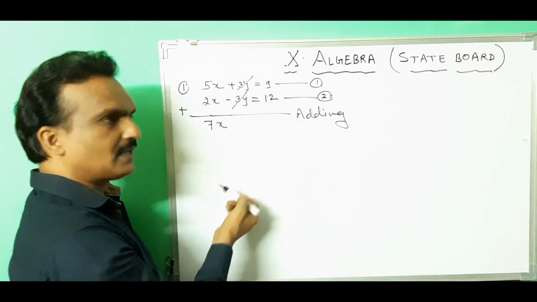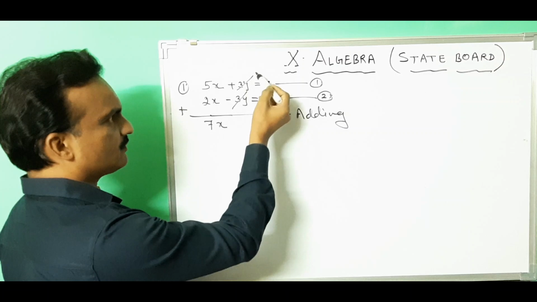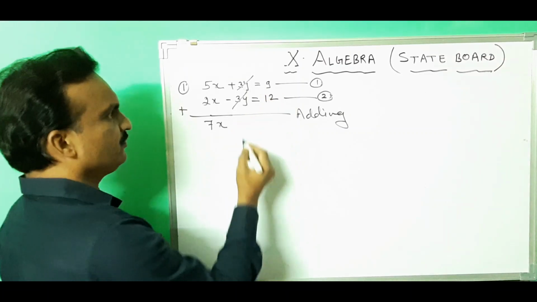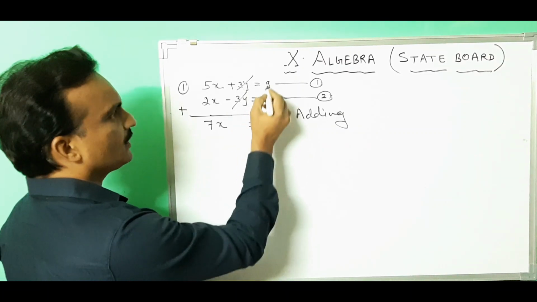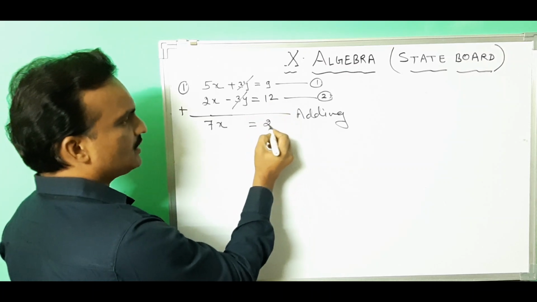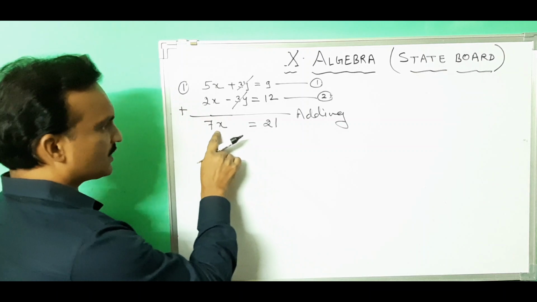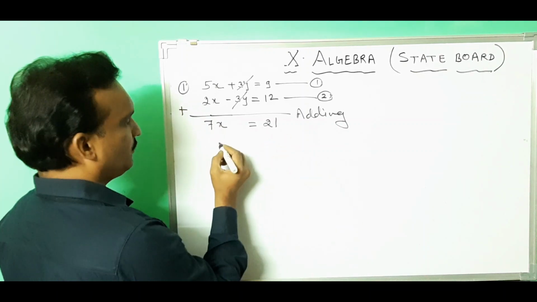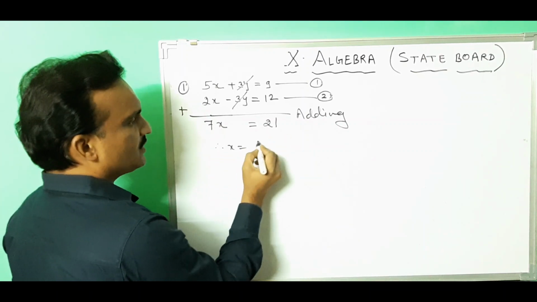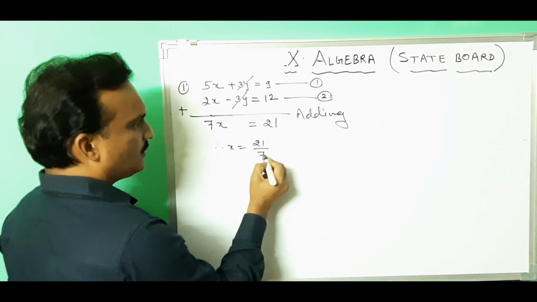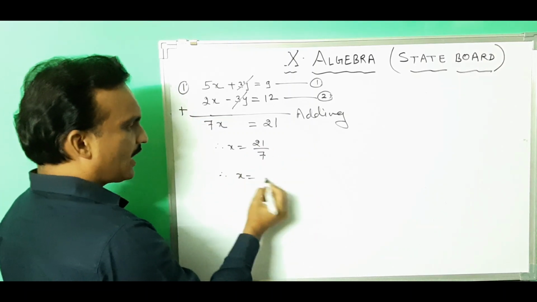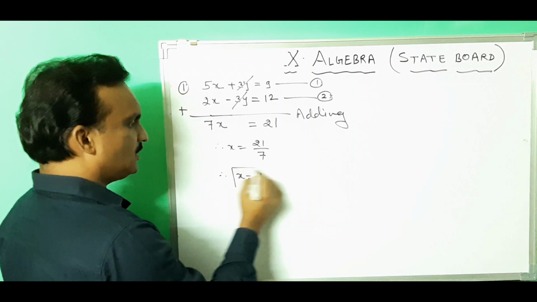You can show it like this, plus 3y minus 3y equal to 9 plus 12 is 21. So 7x is equal to 21. Therefore, x is equal to 21 upon 7. That is, x is equal to 3.